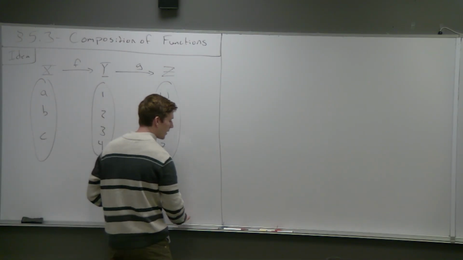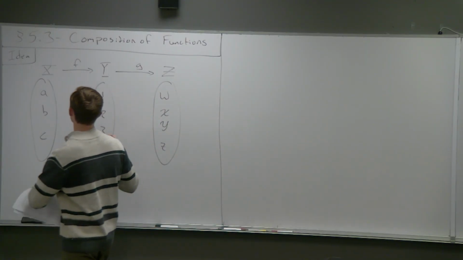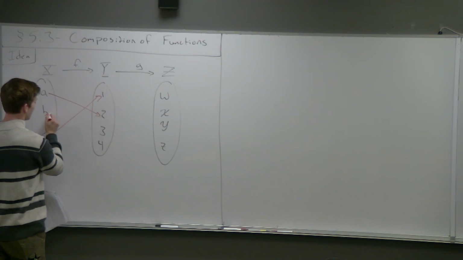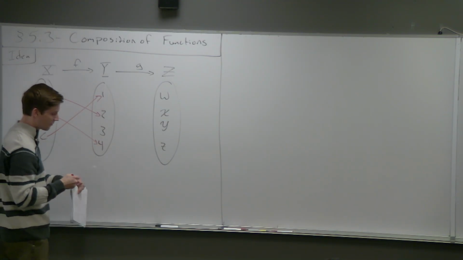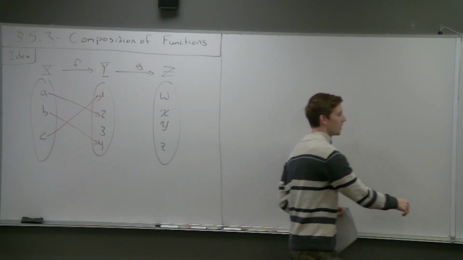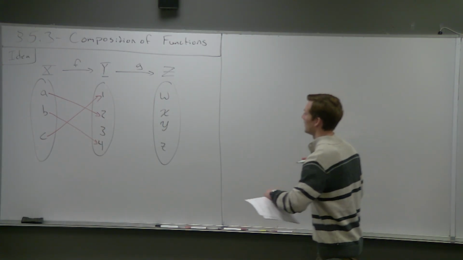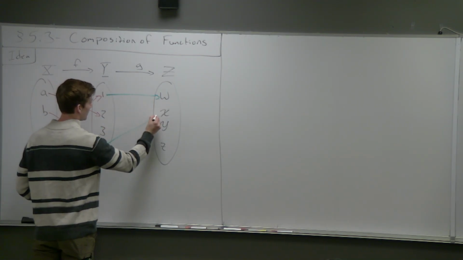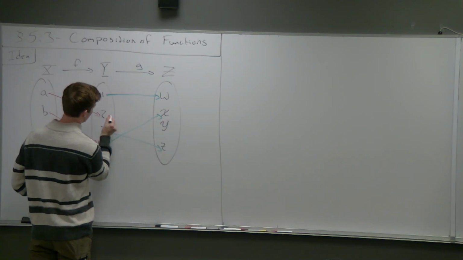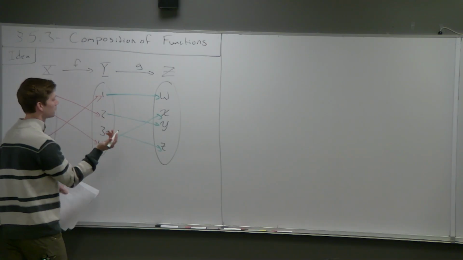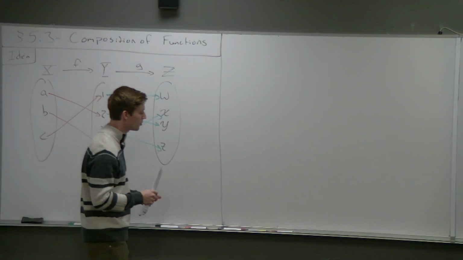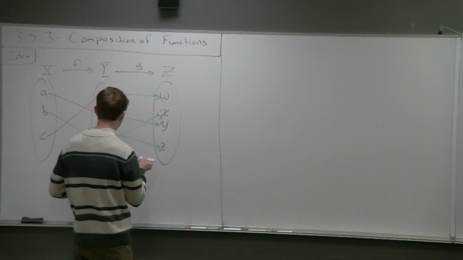Then we can make a new function. So if f goes like this, and g does something like that, then there is this intrinsic new function you obtain just by following arrows.